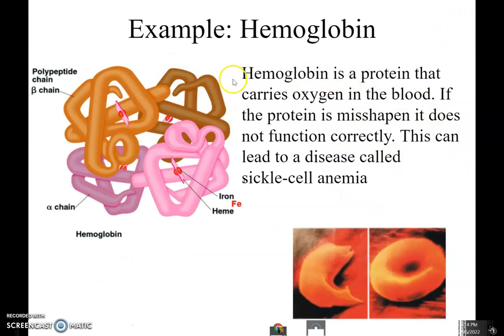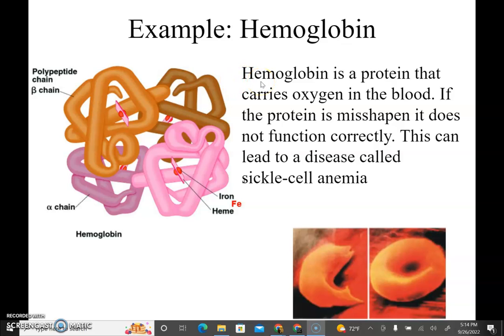An example of a protein that you may have heard of is hemoglobin. Hemoglobin is a protein located in the blood, and it carries oxygen. We're going to talk more about this in class. But if your hemoglobin protein has a wrong amino acid, it can become misshapen. This can lead to a disease which many of you have probably heard of, known as sickle cell anemia.